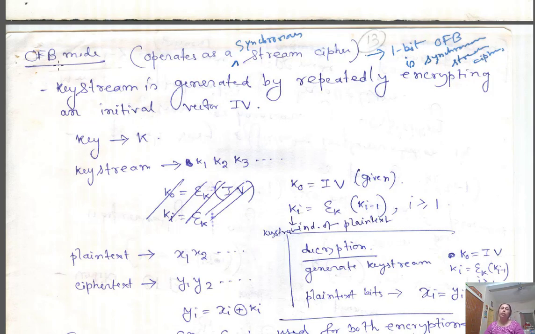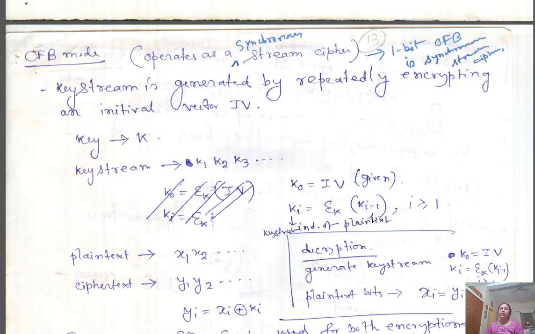Now OFB mode, how it operates: we have an initial vector, and given key, we generate a key stream in this way. Suppose K0 is IV, it is given. Now K1 we generate, how? We encrypt K0, we generate K1. Then encrypt K1, we generate K2.